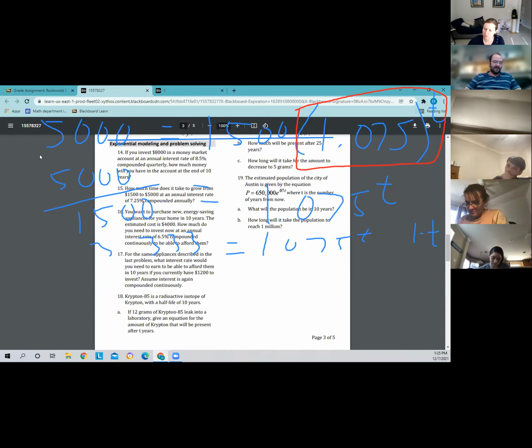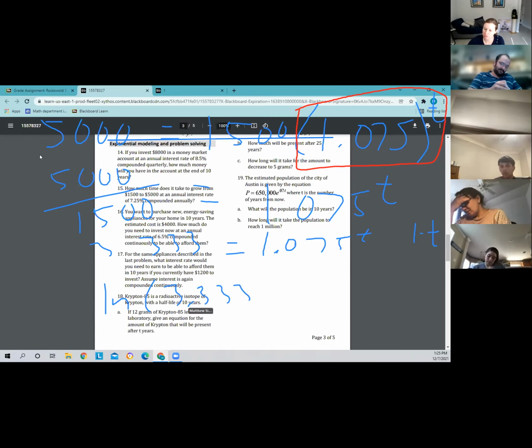All right, so how do I get rid of this 1.075 to the t? I think we need the natural log. Yeah, you can do the natural log and bring down the t. Or the exponent.